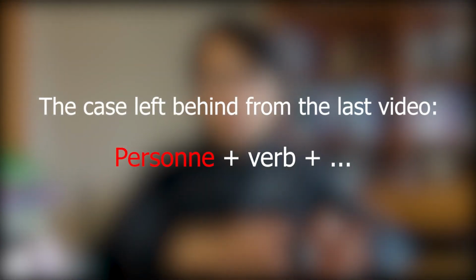So if you still remember, previously I made an example where the pronoun is an object. I think the example is I didn't see anyone. Je n'ai vu personne. But I forgot to make a further example in which personne can be a subject.